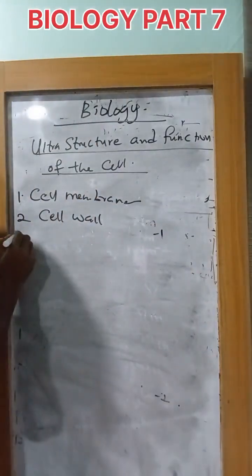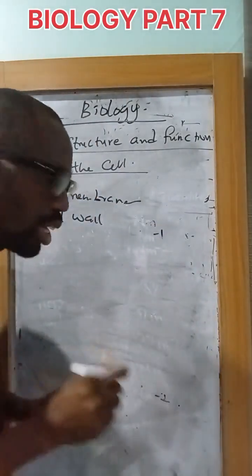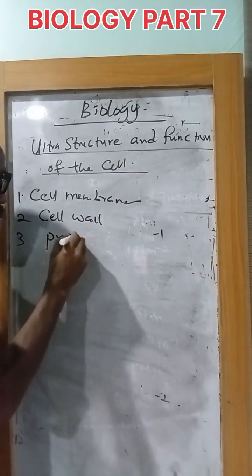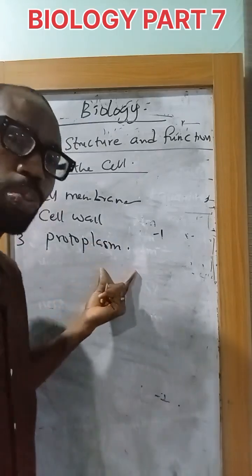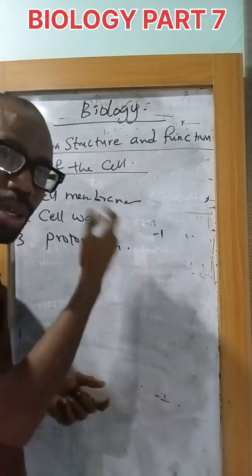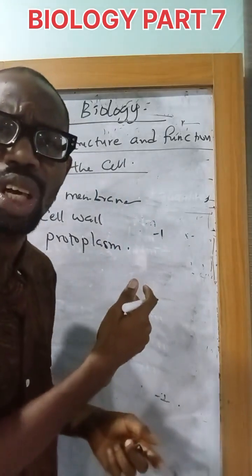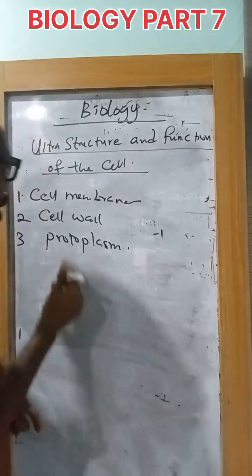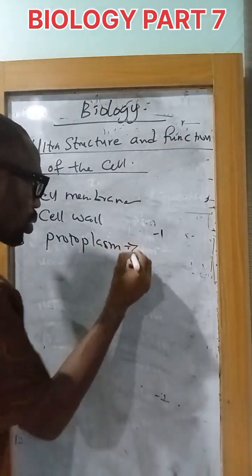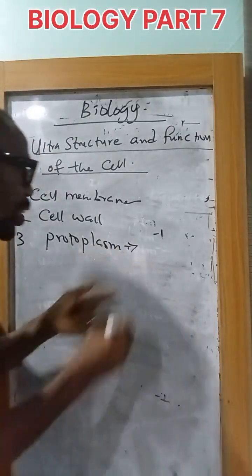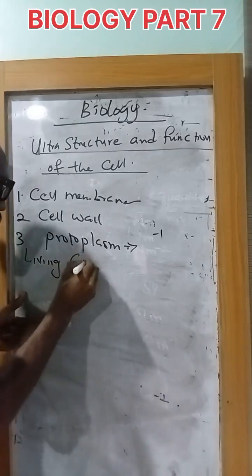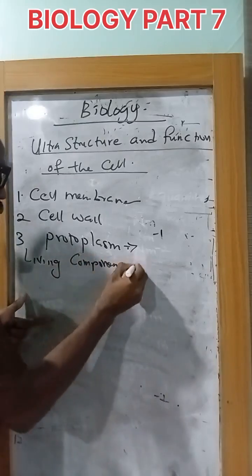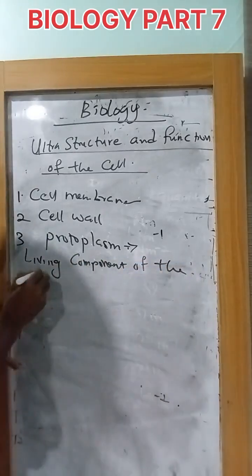Now, number 3, we are going to be looking today at the protoplasm. I want you to know this protoplasm. These are cell components. I've explained this already in the previous video, so watch the other video. Now, the protoplasm itself is the living component of the cell. Take notes, living component of the cell.